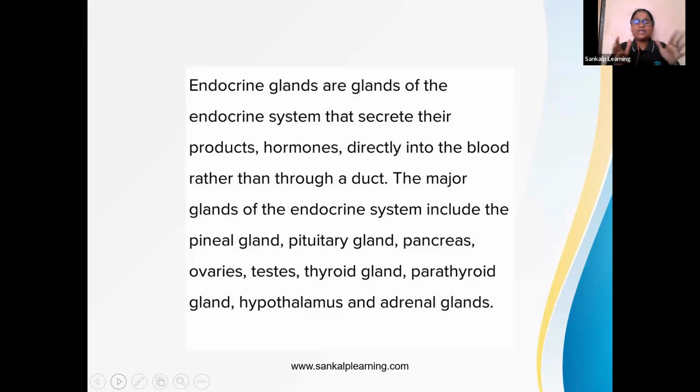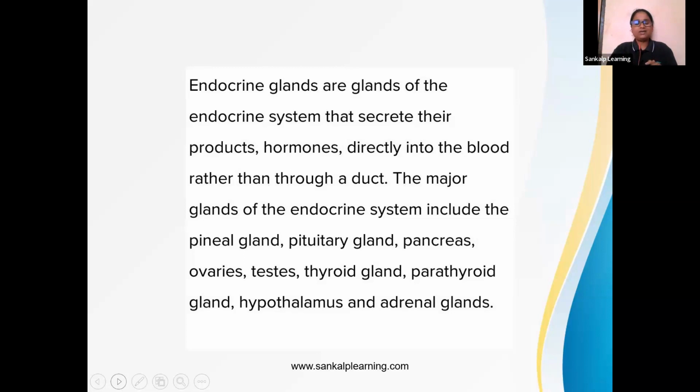Duct means a fluid medium through which that hormone will go. So there is no separate duct or fluid from which that hormone will go and reach the target organ. The hormones will be directly released into the blood, and through the blood they will go to the target organ. Such glands are called endocrine glands.